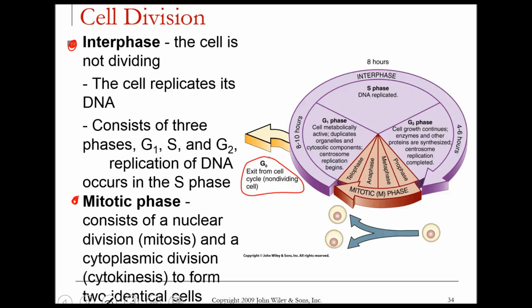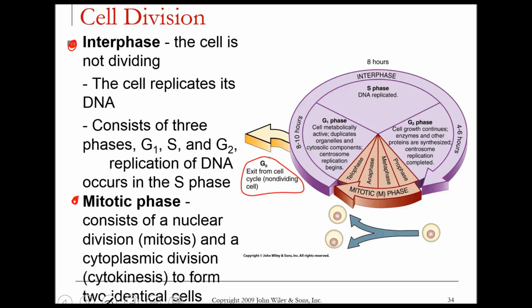After that point, each chromosome has two DNA molecules. Then we go into G2 phase, where the cell will essentially get ready for cell division, but will continue to grow. It'll manufacture some extra organelles and get ready for cell division. And then we enter into the mitotic phase.